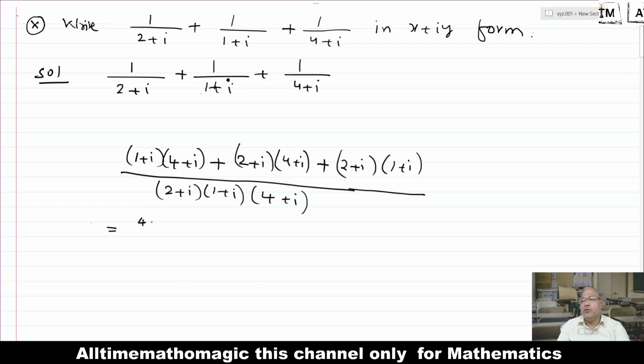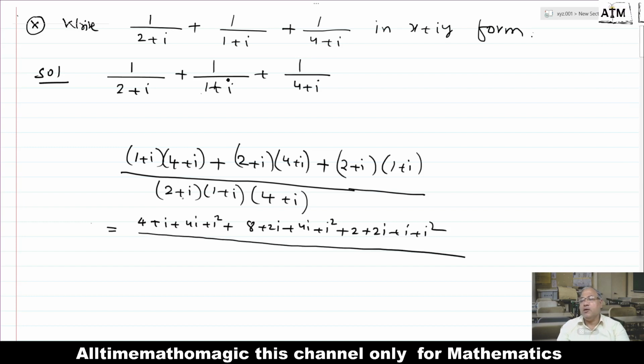So that is 4 plus i plus 4i plus i square, plus 8 plus 2i plus 4i plus i square, plus 2 plus 2i plus i square.